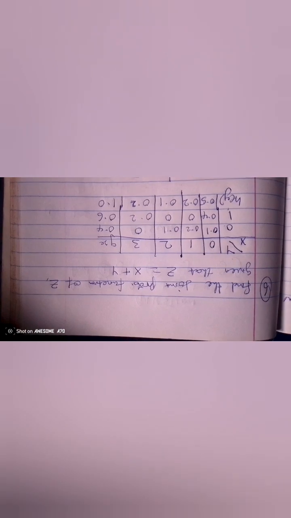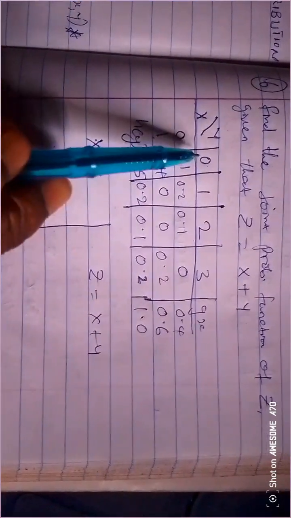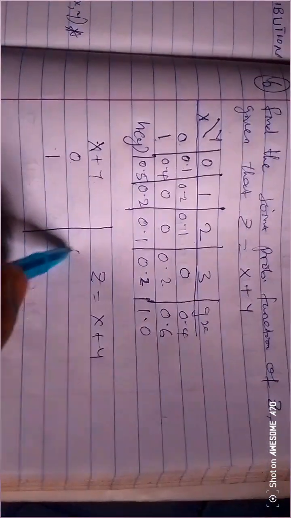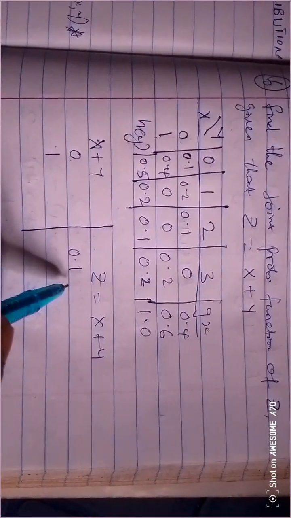From here we're going to use the cross tabulation method. The first thing we have here is 0. So 0 plus 0 gives us 0, right? So the output of this and this gives us 0.1. We're done with that one.